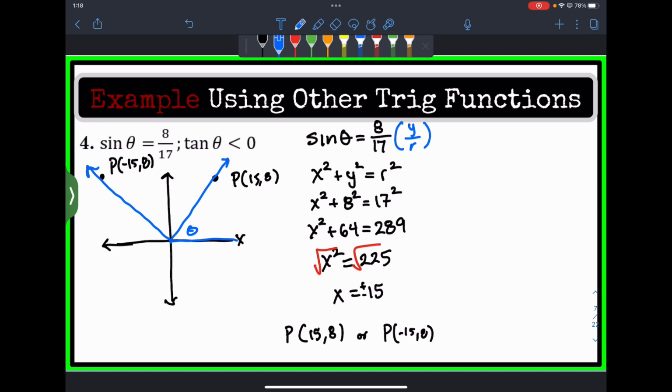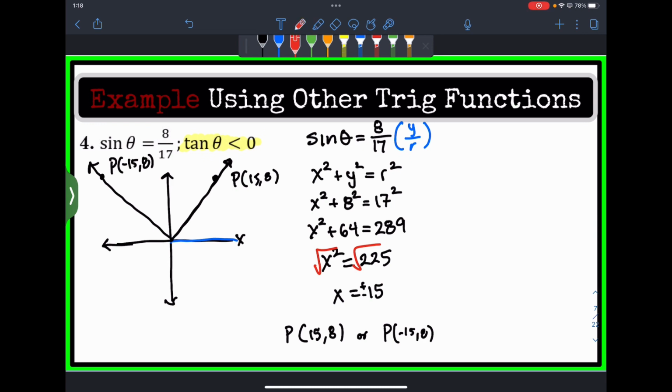Well, let's see how the second piece of information can help us. Let me just draw my terminal side. Let me put my terminal side in black. Okay, so those are the two locations my terminal side can be. Well, the next piece of information is knowing that tangent has to be a negative number.